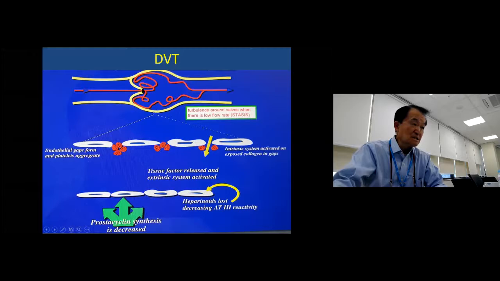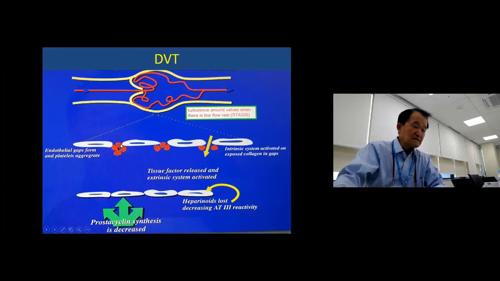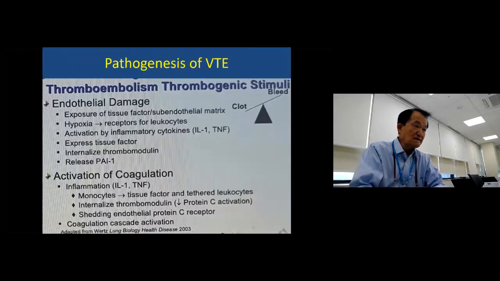So there is a valve, and this area will have a lower flow rate because of this mechanical disturbance, which makes some stasis. Then in the endothelial cells, there are some gaps between cells, and platelets aggregate in between here, and certainly collagen is intrinsically activated as well.